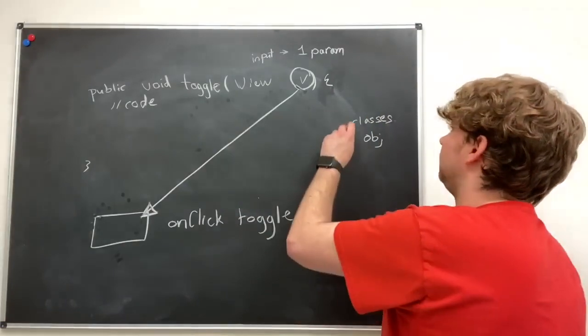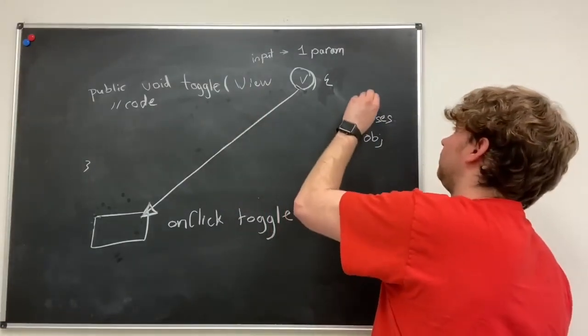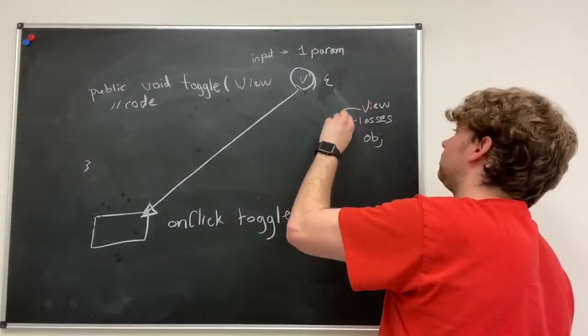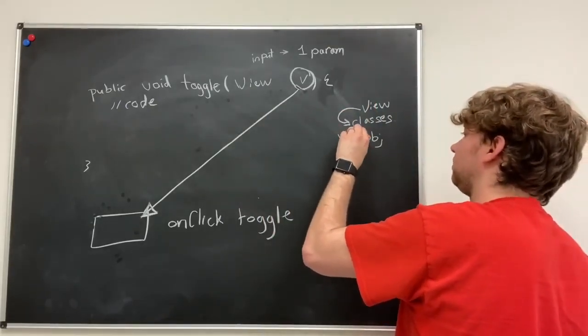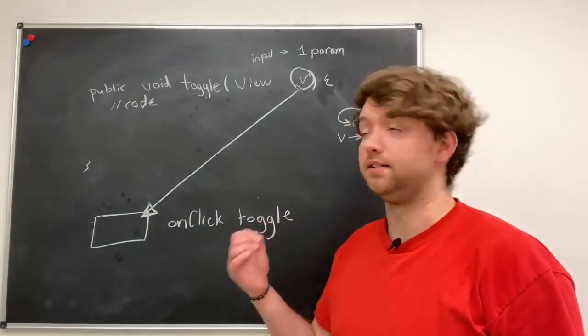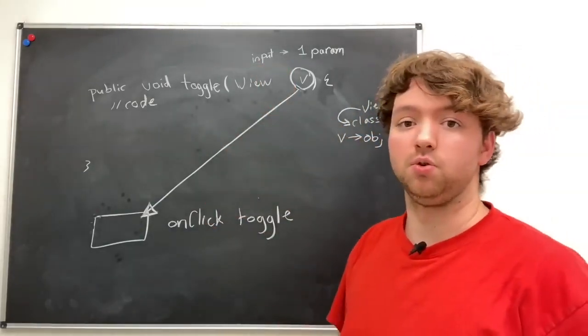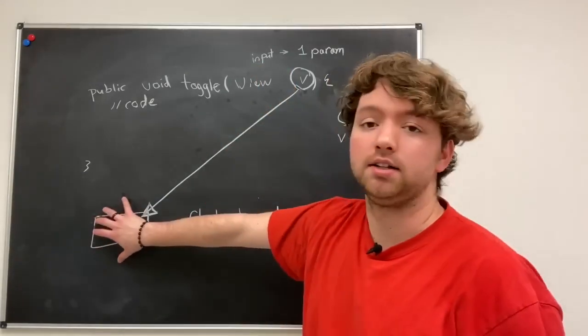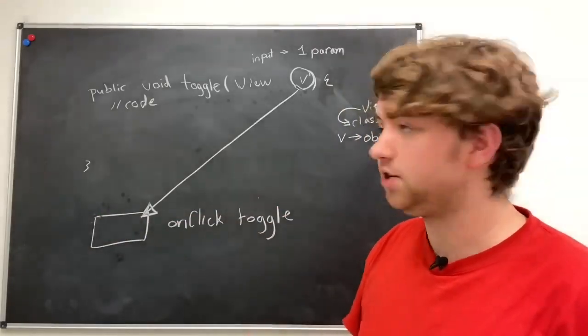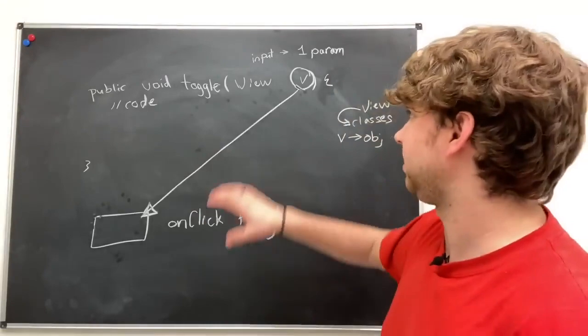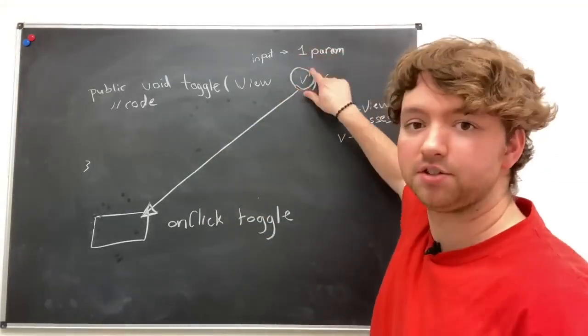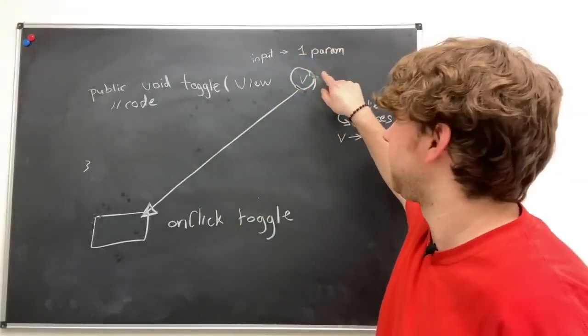So the class here is view. The object here is V. So V is an instance of this view object. So when we see a button like this, it's actually just a visual representation of some entity in memory known as an object, and we get a reference to it and name it V here.